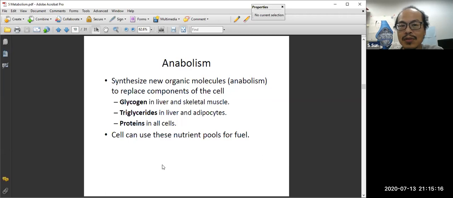So the way we store it is in these three forms. If it's carbohydrates, it can be stored as glycogen. Excessive glucose can be stored as triglycerides in the adipocytes. Lipids are stored as triglyceride in the adipocytes, in the liver and adipocytes, but the major one is the adipocyte. Proteins, amino acids can be used to form proteins.